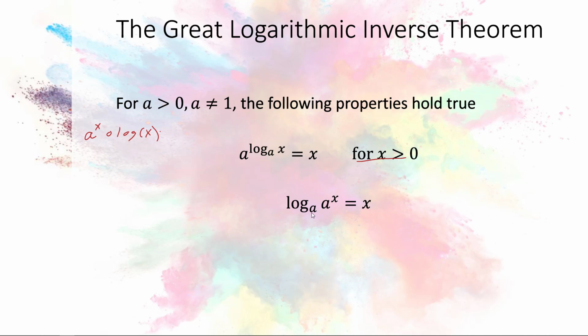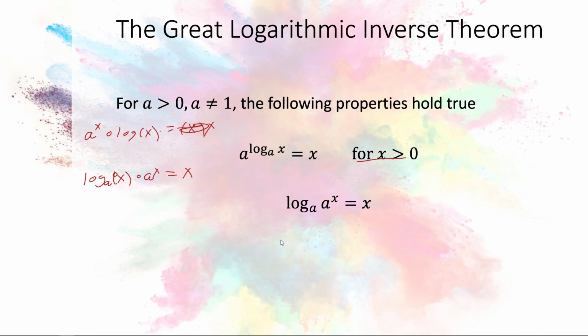And similarly, log base a evaluated at a to the x, which is the composition of log base a of x with a to the x, is equal to x. So this is basically showing us that the composition in both directions is equal to x, which is what we're looking for.